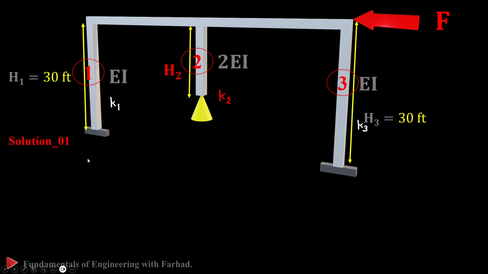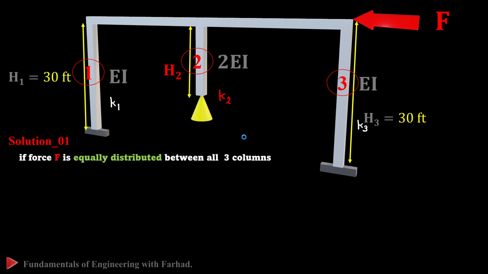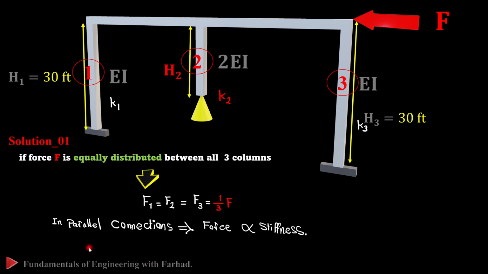In our first solution, if force F is equally distributed between all the columns, then the share of each column is 1/3 of the force, and adding them up gives the total F. We also know that these three columns, under this loading, are in a parallel connection, so force is directly related to stiffness.